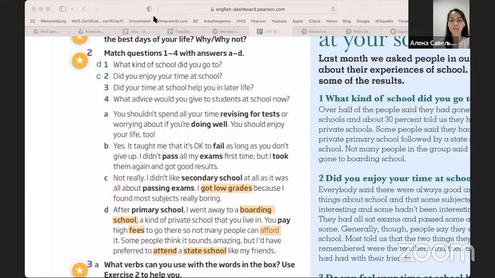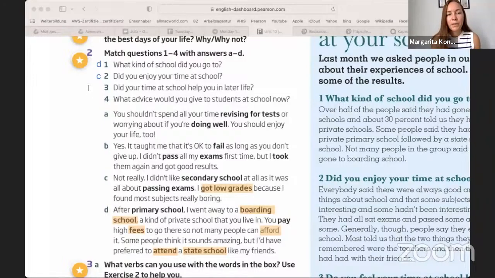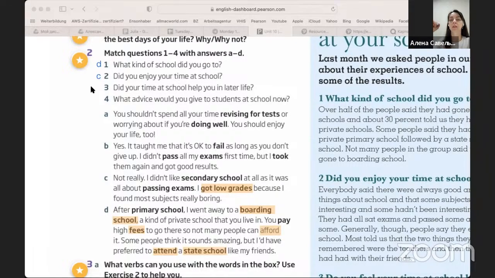Good. Let's look at 3. Did your time at school help you in later life? Maybe B. Yes. It taught me that it's okay to fail as long as you don't give up. I didn't pass all my exams first time, but I took them again and got good results. Very good.